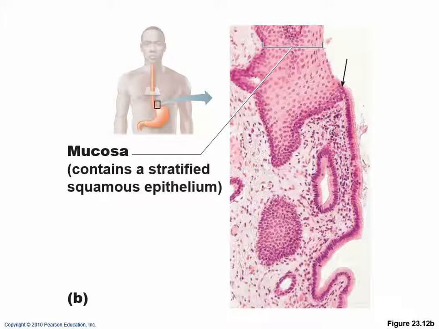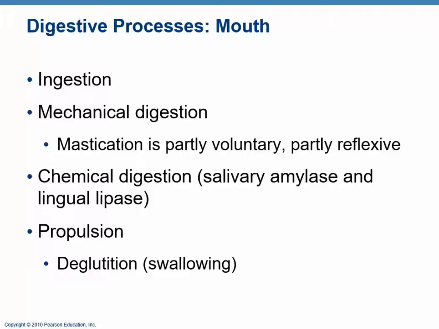So we really can take the mouth and the pharynx and the esophagus as working together, and really it's all about ingestion. There's a little bit of mechanical digestion and things go on in here, but it's about ingestion and propulsion. Some chemical digestion.